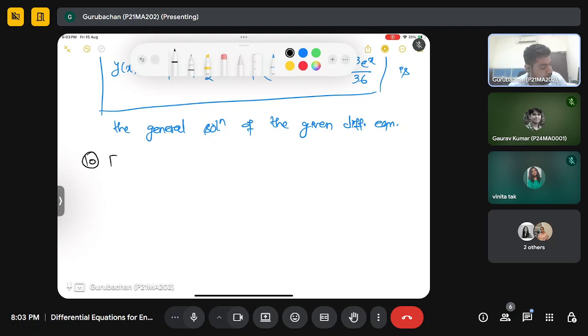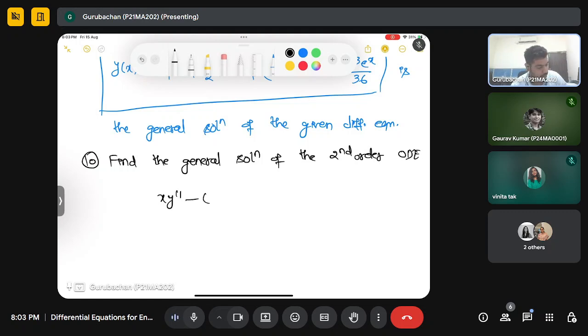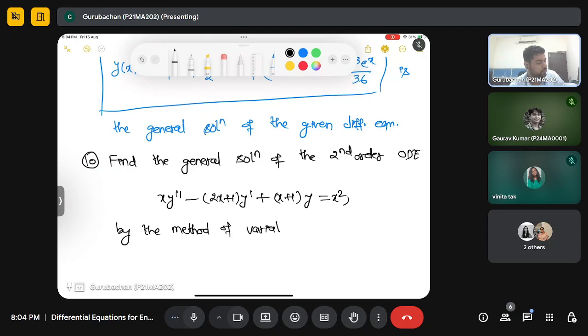So find the general solution of the second order ODE x y double dash minus (2x plus 1) y dash plus (x plus 1) y is equal to x squared, by the method of variation of parameters.